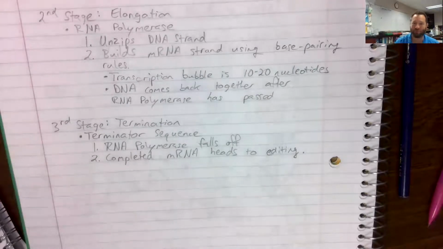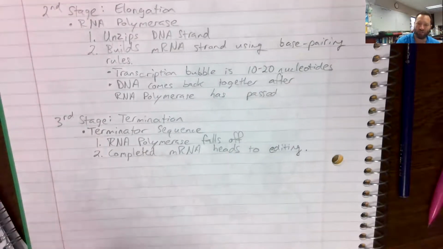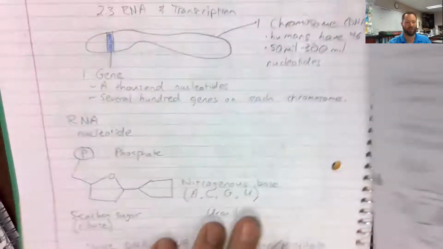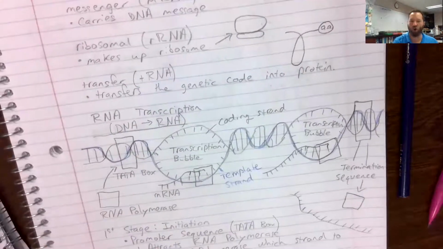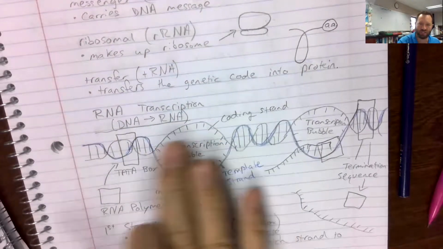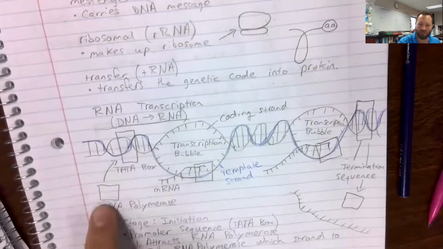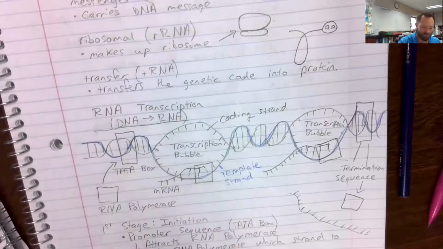Hey, that wraps up what we have to work with for this chapter. When we pick up again next chapter, we're going to pick up right there, the RNA editing. Quick shot at that drawing. Here is the idea of RNA transcription, going from the DNA code to the RNA code. We have a promoter sequence that calls over the RNA polymerase.